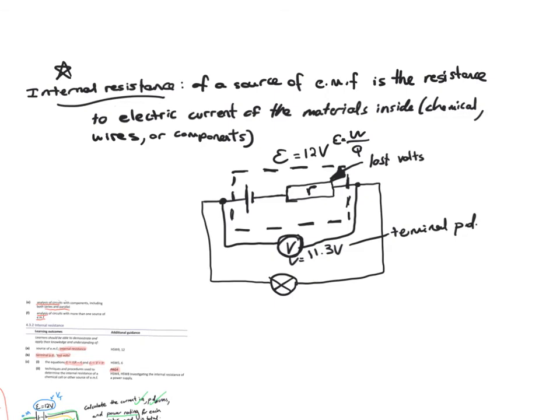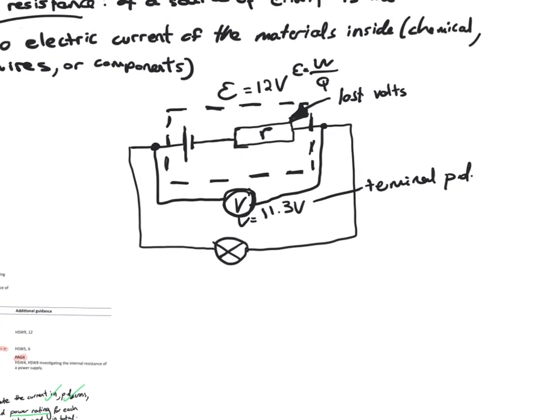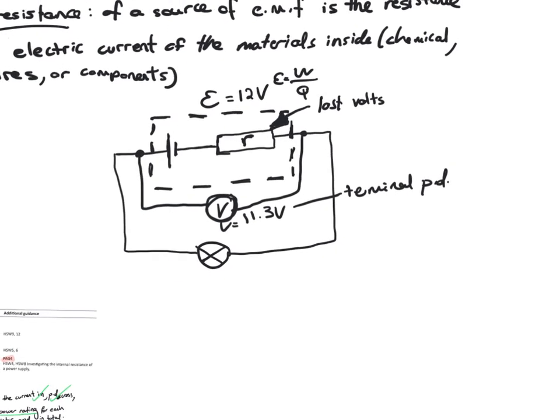So if I use Kirchhoff's second law and apply it to these quantities that I already defined, then I have the sum of EMF is equal to the sum of potential differences across a closed loop. So that will be the EMF is equal to the terminal potential difference plus the lost volts.